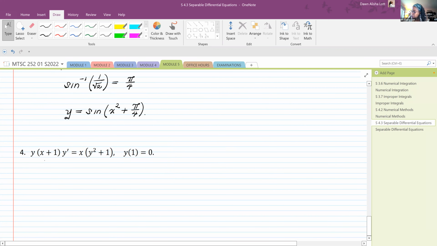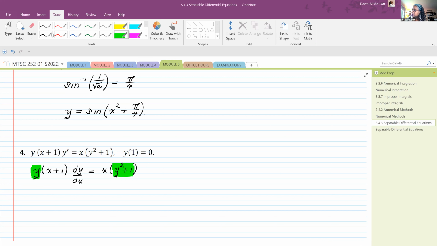It says y times x plus 1 times y prime, which is dy dx, is equal to x times y squared plus 1. So notice the functions of y are here and here, and the functions of x are here and here.